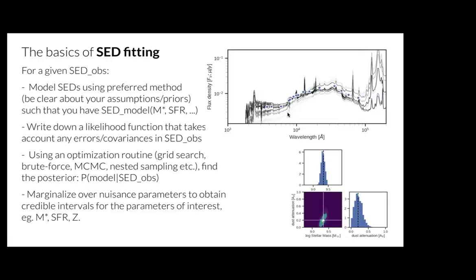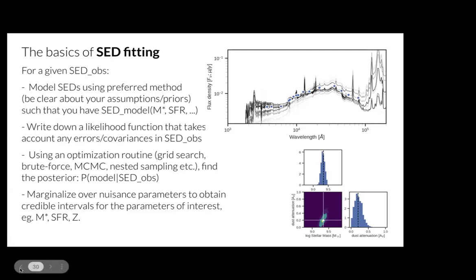So that's not as bad of a match because I'm canceling out the two effects to get something that looks similar. And in the same direction, lower dust and lower mass is also good, right? Because then I'm attenuating it less, but there's also less light to begin with. So this is really useful when we are dealing with actual observations, where it's not going to be single points, but points with uncertainties on them.